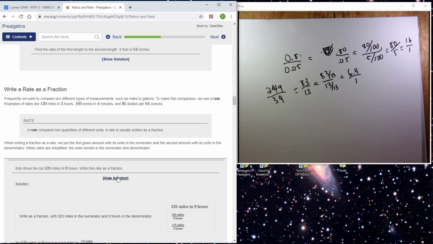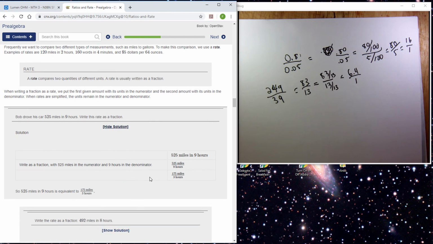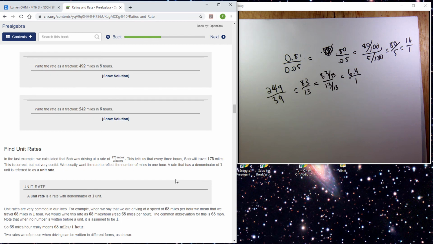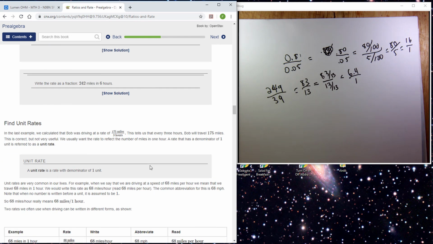They want the rate as a fraction. So there's our rate, and then they simplify it: 175 miles in 3 hours. Now, a unit rate is simply a rate per unit, like pounds per dollar.